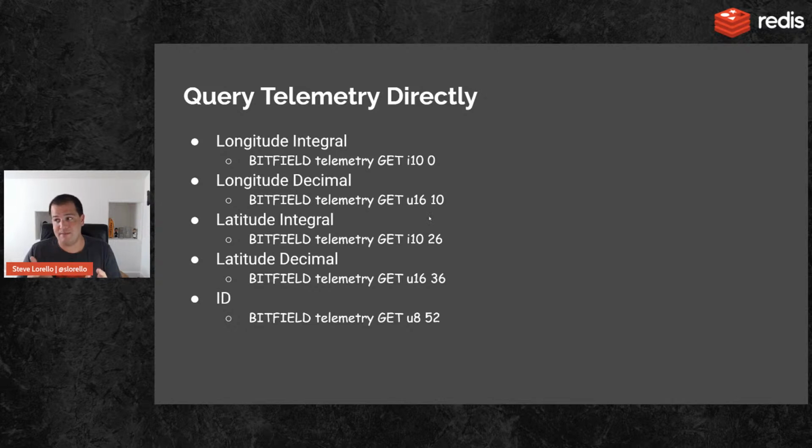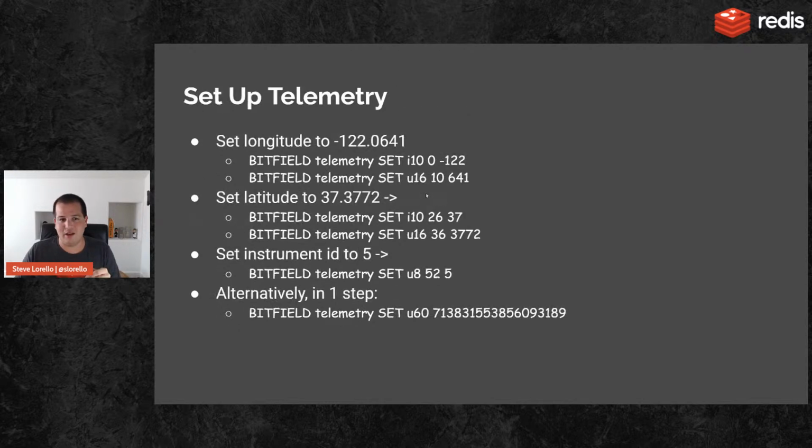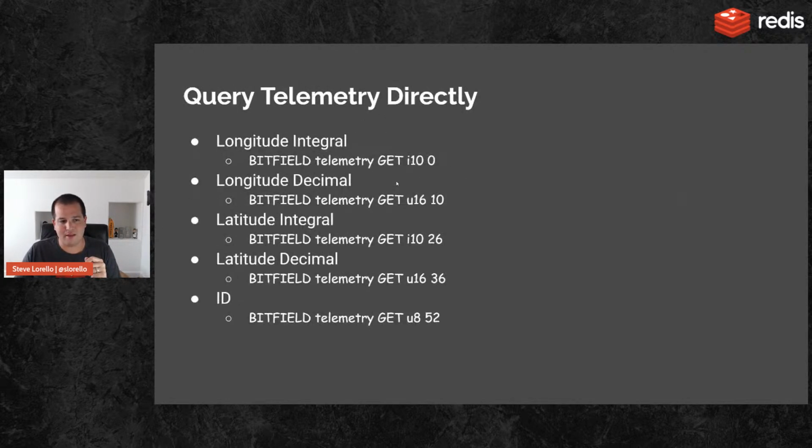We would have to then make sure that we're representing it correctly because this is fixed point precision. You'd probably have to pad this with a 0 on the left side just so you get the 0641 instead of the 641. And then the same thing for the latitude, the integral and decimal, and the ID. Essentially, you can just go in and get these bits of data out of here.